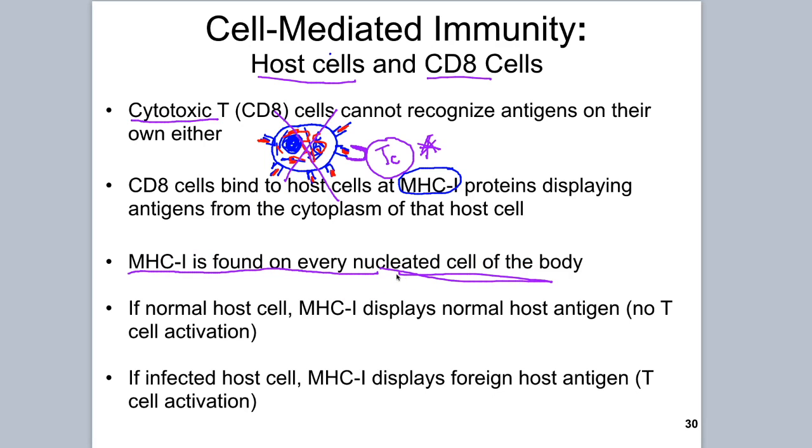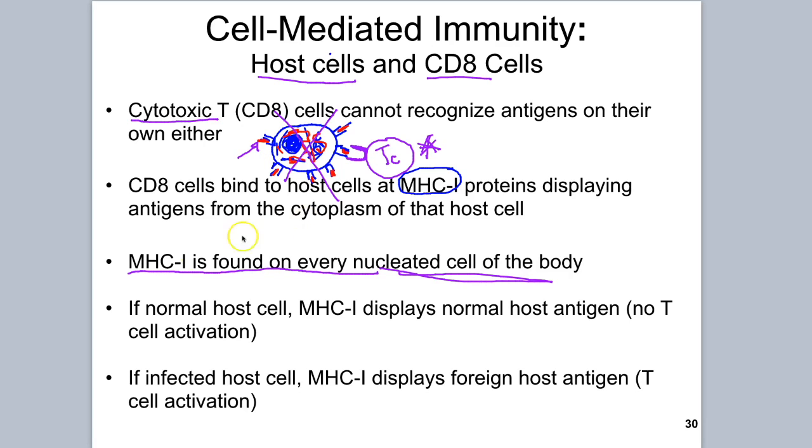Every nucleated cell in the body needs to be displaying a little report of what is going on inside of that cell. That's why we have MHC1 on the outside of these cells. It's like a little cellular ID tag, a little report of what's going on inside the cell.